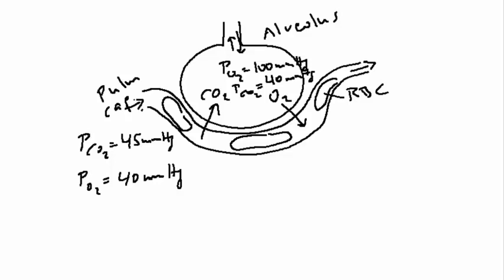And ideally, we have complete equilibration between those two areas, the alveoli and the bloodstream. So what is coming out after the blood has gone past the alveolus is an oxygen pressure of 100 millimeters of mercury, exactly what was in the alveolus, and a partial pressure of carbon dioxide of 40 millimeters of mercury.